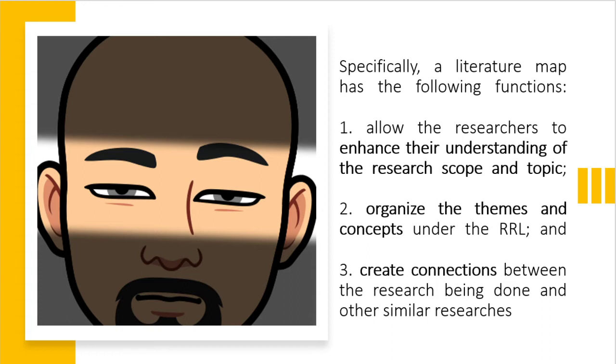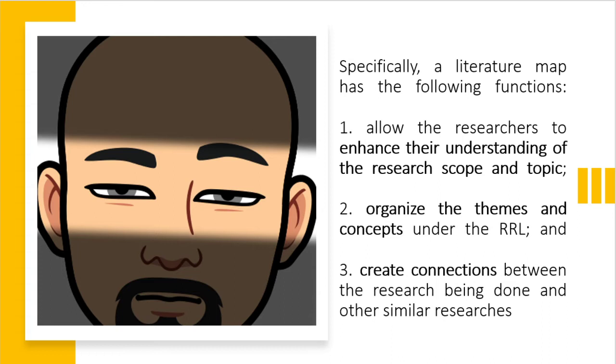Now, I'll be explaining later on what happens when we don't create a literature map. And it will support this second function, that there is a need to construct a literature map in order for you to organize the themes and present it in a way that is both easy to read and pleasing to the eyes.